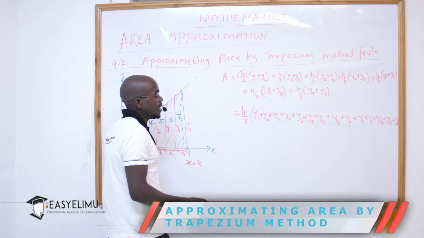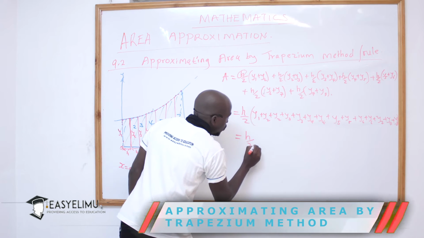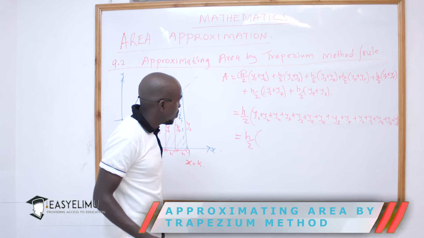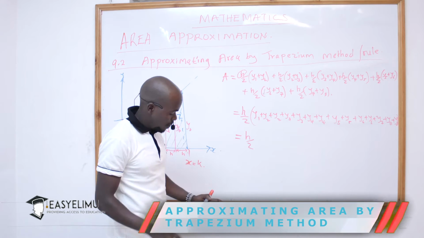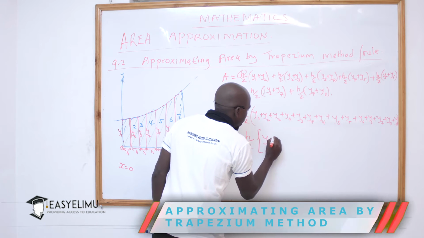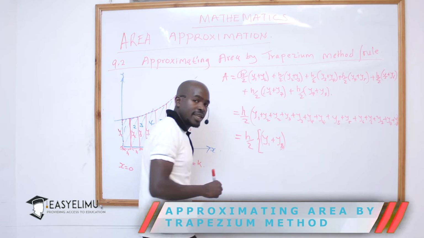So we can say h over 2 into, let me put them into a special bracket, y1 plus y8, because they are not repeated.